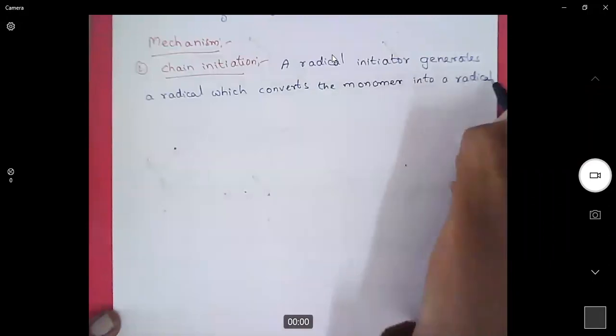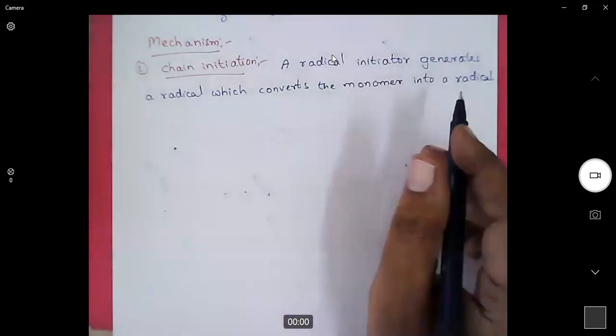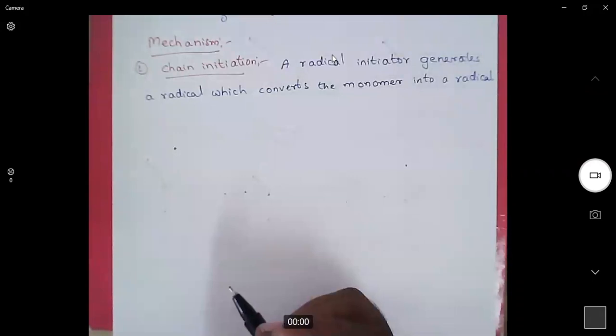So what is chain initiation? Because it is a radical mechanism, generation of the monomer radical is the first step.